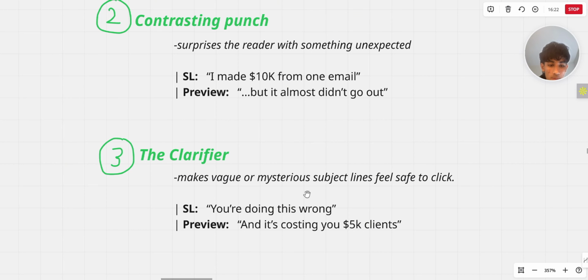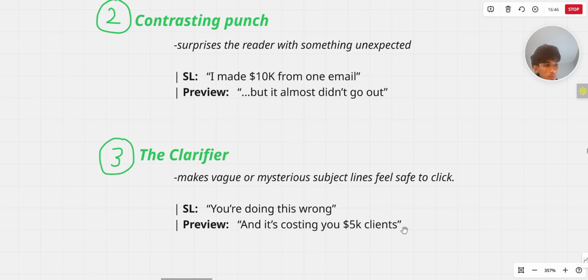And we're about to look at some examples after this as well. For example, if you say something like, you're doing this wrong, this can seem like a very clickbait subject line. But then if you add in the preview text, and it's costing you 5K clients, then it feels less scammy. It feels safer to click.